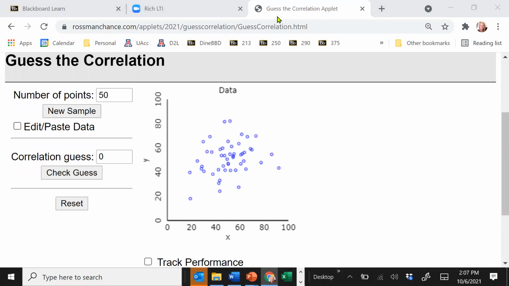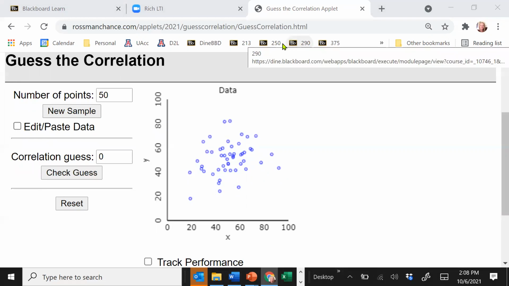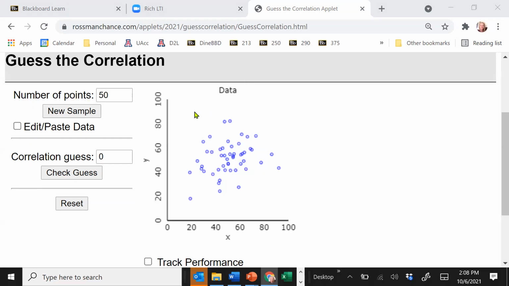Yeah, I hear Talea saying positive, and a couple of people agree. And I'd say positive. And how strong is the relationship? How tight are these points to the line? What would you say if we thought about that scale I showed you just a minute ago? Is it closer to 0 or closer to 1, would you say, with 1 being perfect and 0 being nothing at all?